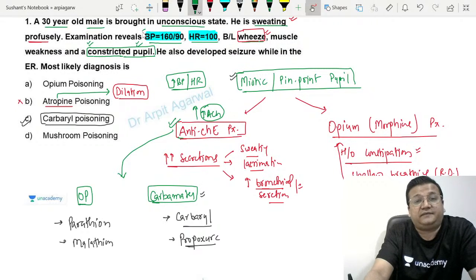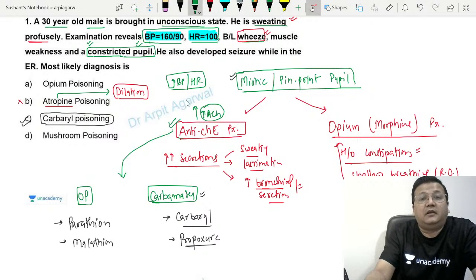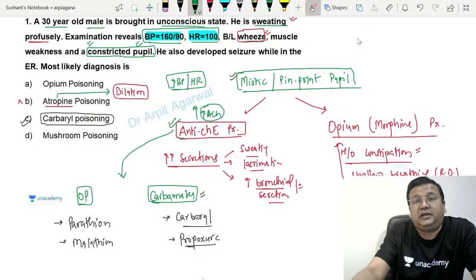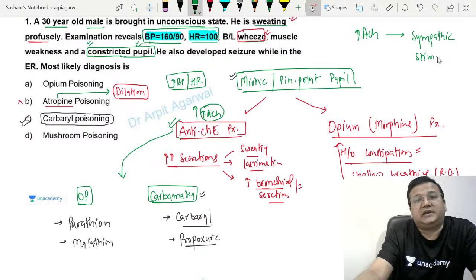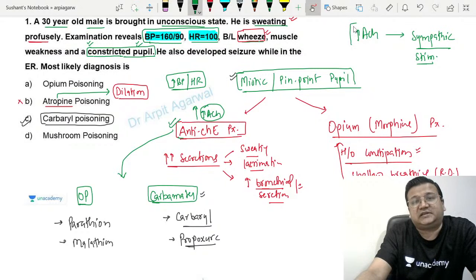That is why I have taken this very typical question. I have given you the symptoms. Now you tell me, if acetylcholine increases, can it cause sympathetic stimulation? Remember the receptors of acetylcholine.